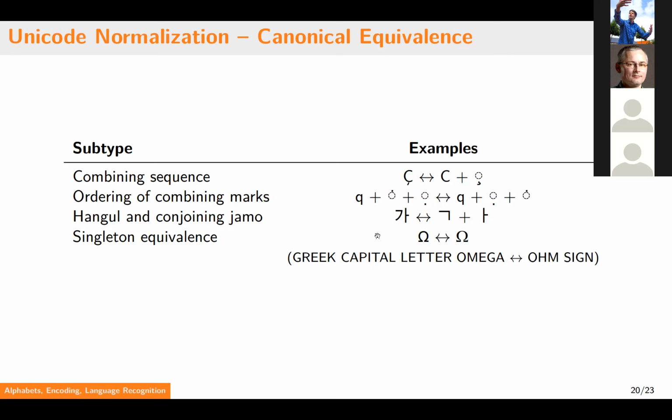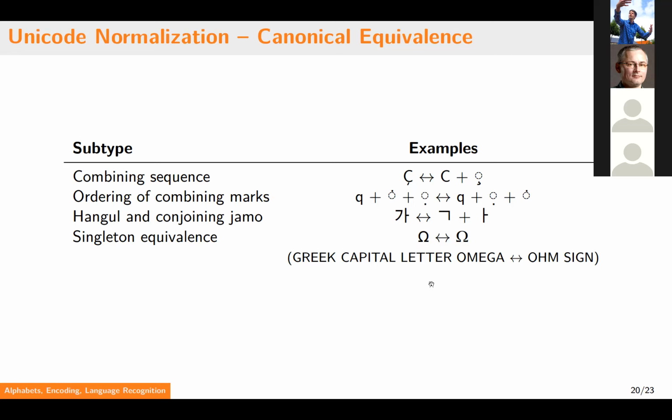So the result will be the same, because these circles stand for zero-width characters. They just really combine with the previous letter. So this should be considered the same thing. And we want to make sure that we will always have canonical ordering. And there are similar problems with the Korean alphabet, which I don't know too many details about.